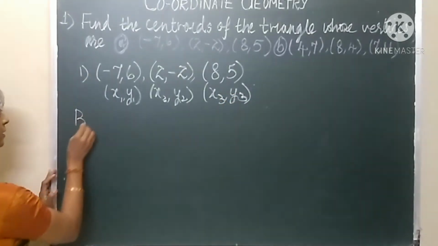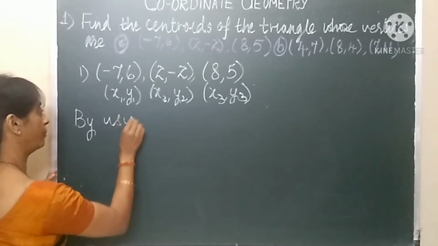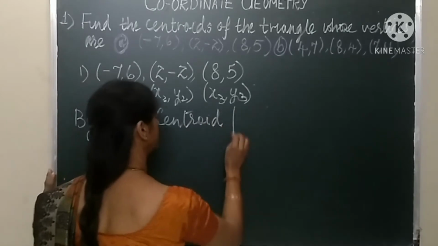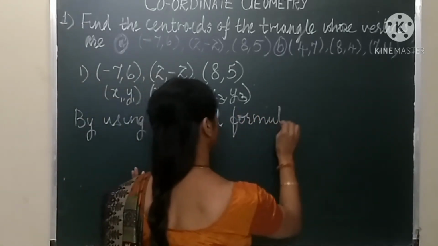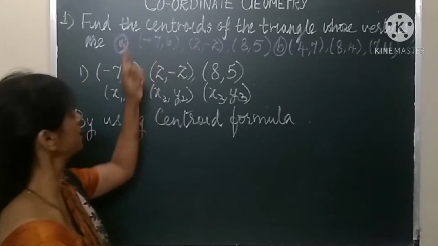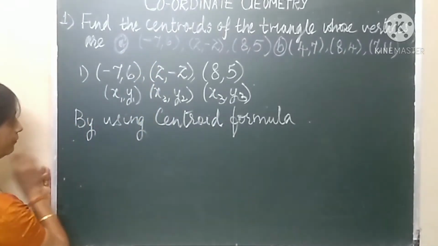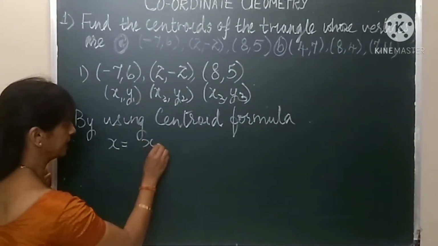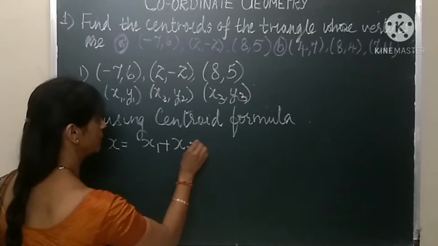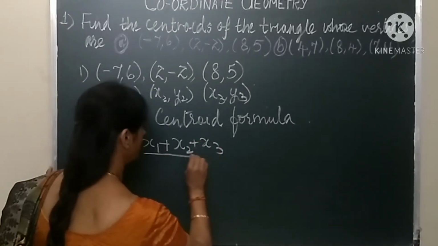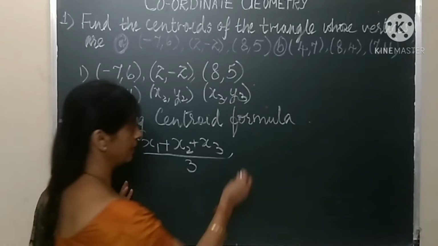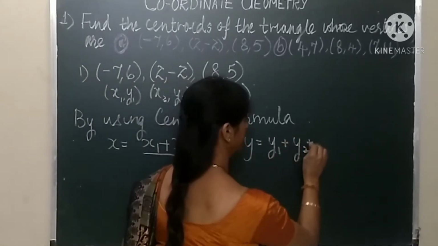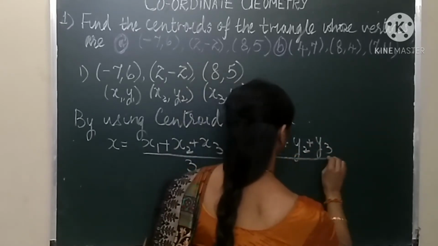By using the centroid formula, what do we get? We have to find out the coordinates of the centroid. Okay, so therefore by using the centroid formula, x will be given as x1 plus x2 plus x3 upon 3 and y is equal to y1 plus y2 plus y3 upon 3.